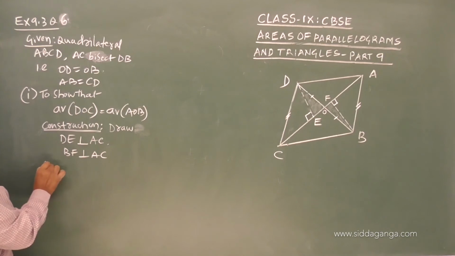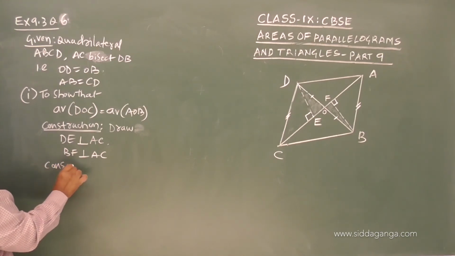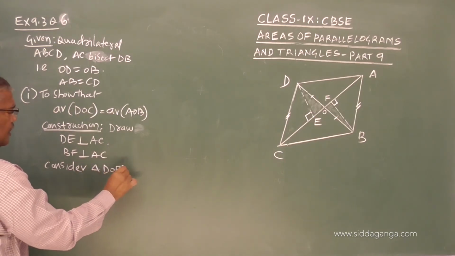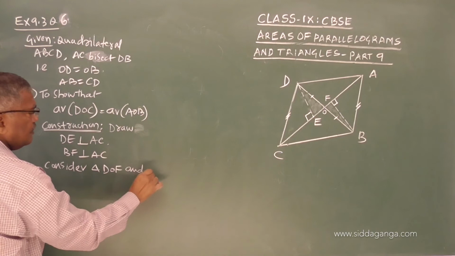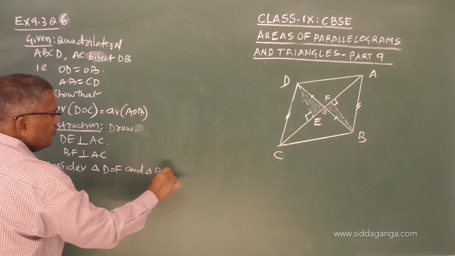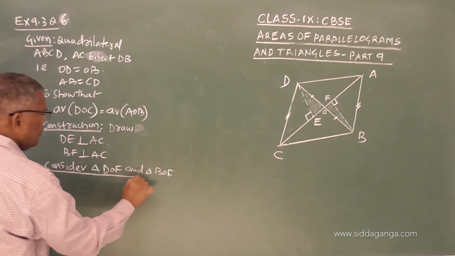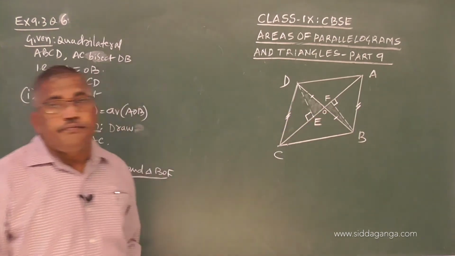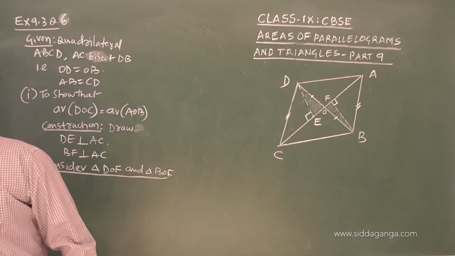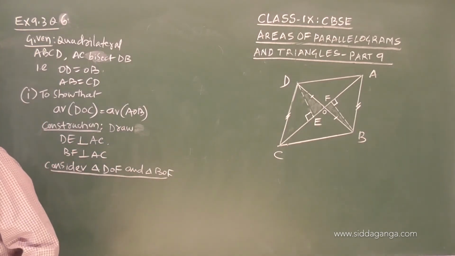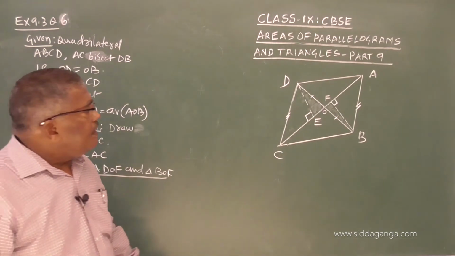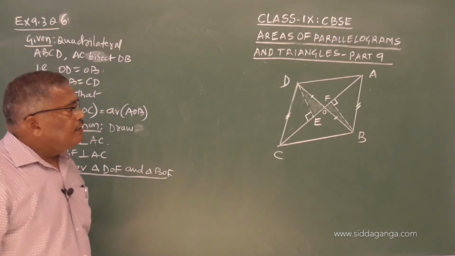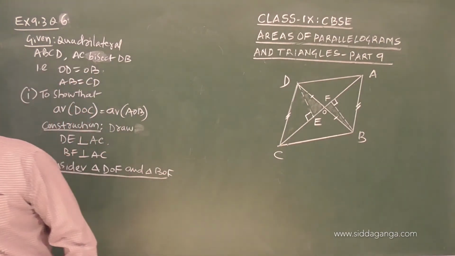So, consider triangle DOE and triangle BOF. Let us compare these two. In these two triangles, we have to check whether these two triangles are similar or congruent or what they are.